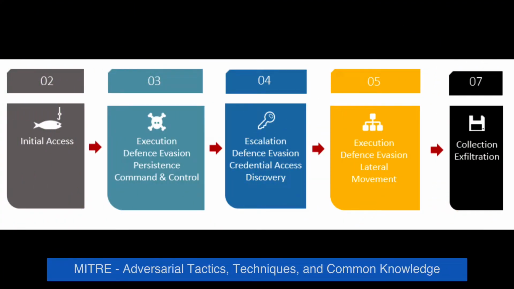So I suppose before we continue, I should mention MITRE, Adversarial Tactics, Techniques and Common Knowledge. This is a common framework that hackers will normally use in order to gain access to your systems. So once they've done initial probing, what they'll try and do is gain persistence by typically using a malicious piece of code.